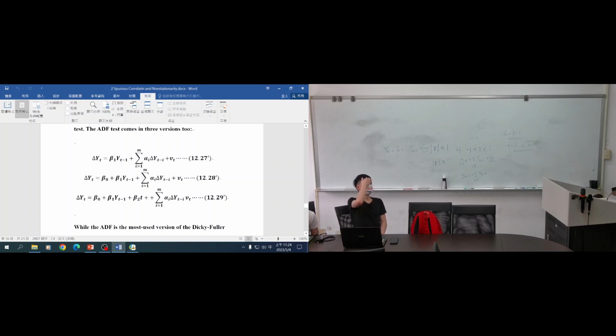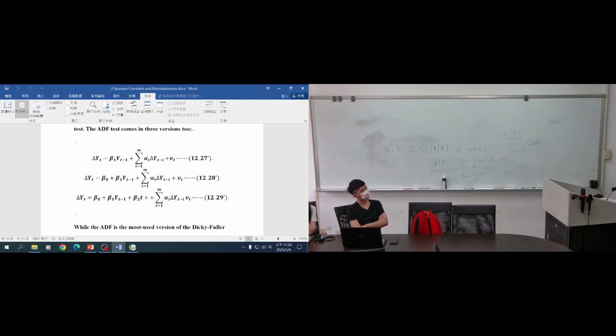What's the difference? 27, again, no constant, but we have more of these terms, right? We have this term. Did you see all these summations? Means the delta y lags. Did you see that?